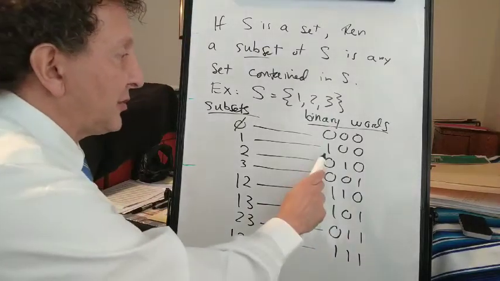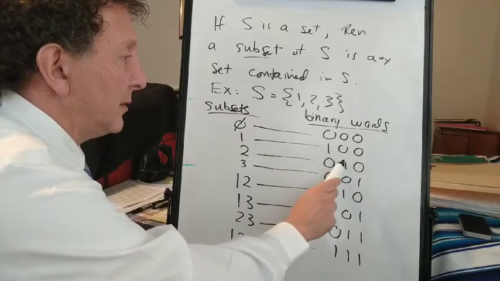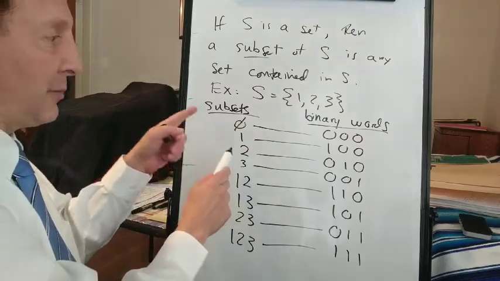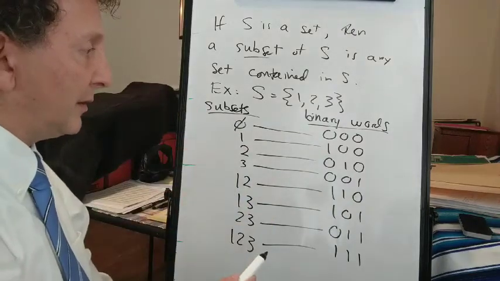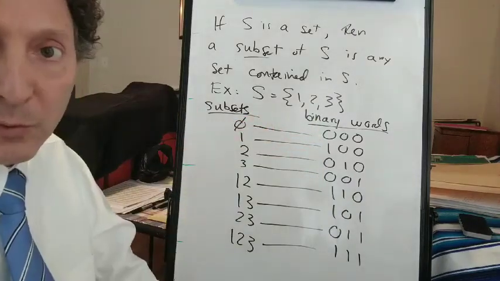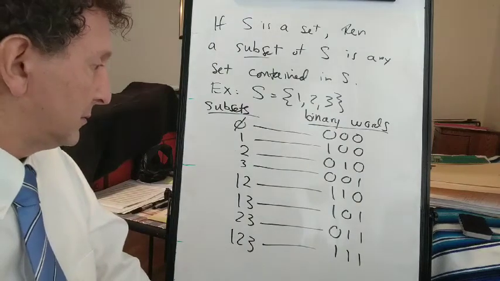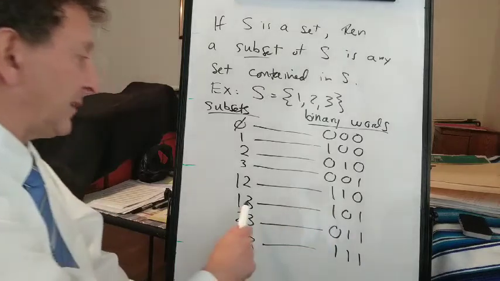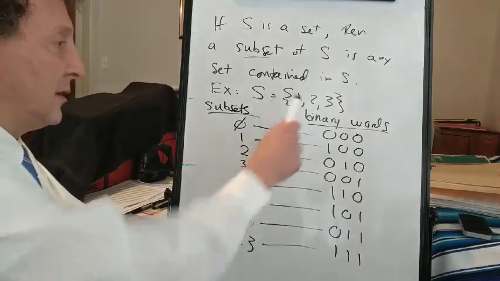And if we take the positions of the ones, position 1, or position 2, or position 3, and just write the set of positions that holds 1, then we get every possible subset of 1, 2, 3. So here we've got ones in position 1 and 3, and that corresponds to the subset 1, 3 of 1, 2, 3.